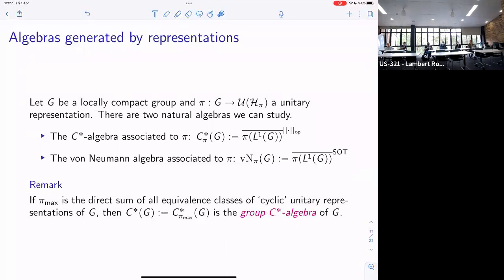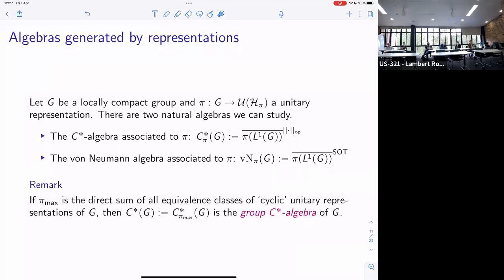And so we get a norm-closed star algebra and a star algebra that's closed in the strong operator topology. And norm-closed star algebras on a Hilbert space are called C-star algebras, and star algebras closed in the strong operator topology are called von Neumann algebras.